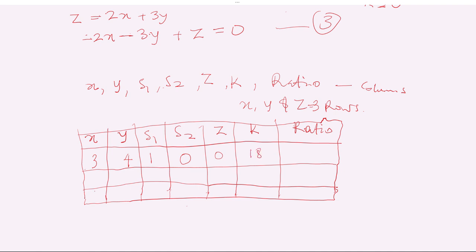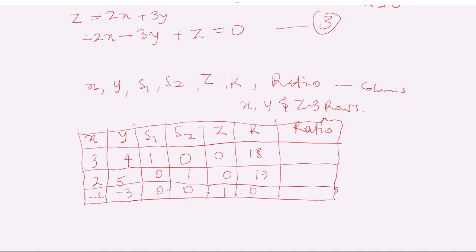We will talk about the ratio itself later on. In the next row, this is 2, this is 5, this is 0, this is 1, 0, 19. Then on the z row, we have minus 2, minus 3, 0, 0, 1, 0.